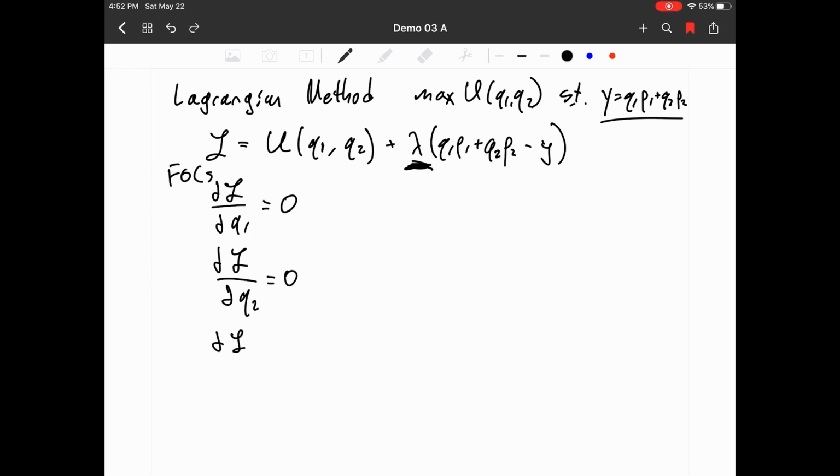And the derivative with respect to our Lagrange multiplier, and again, we're going to set that equal to 0. And at this point, all you have to do is take derivatives and use your knowledge of systems of linear equations to solve for each of the variables. So I'm going to write this out generally. I'm not going to go through and solve it, but this is the setup. So here we have the utility, the derivative of the utility with respect to the first argument, which is here.